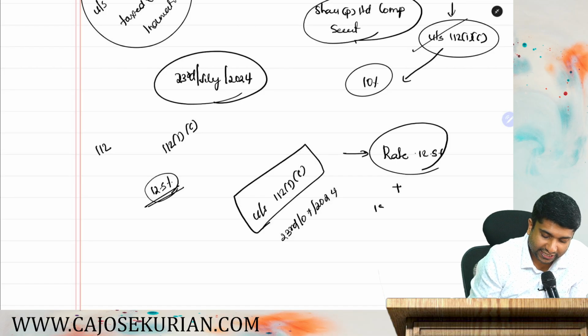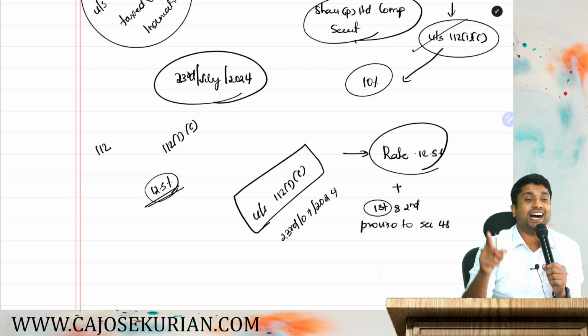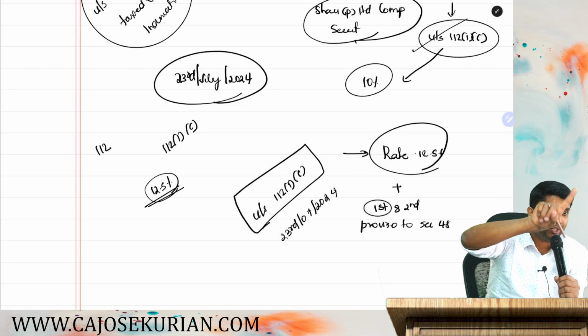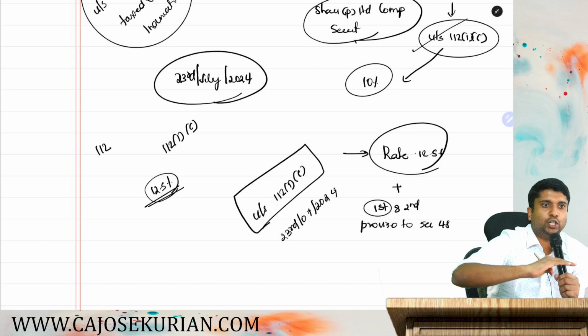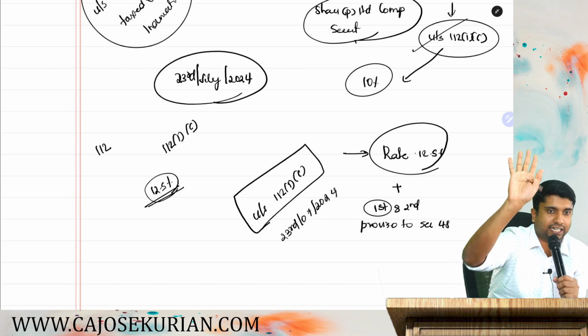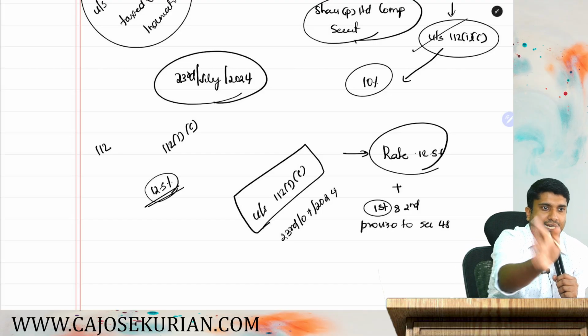Plus, you can ignore the first as well as the second proviso to section 48. What is the first proviso? If you opt for 112 subsection 1 clause number C, you don't have to do this conversion, reconversion. Plus, you will not get indexation.